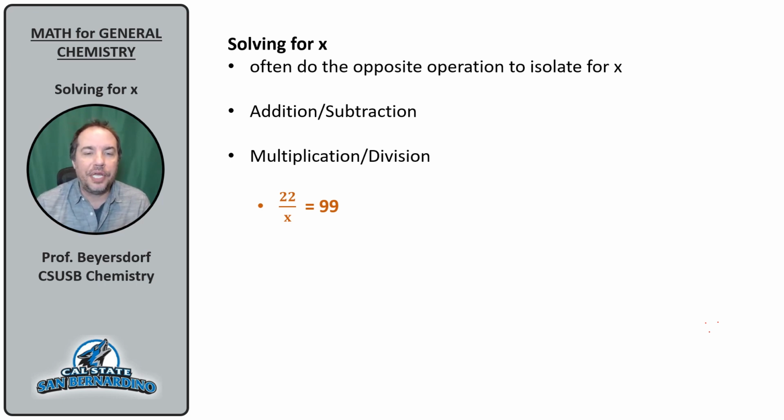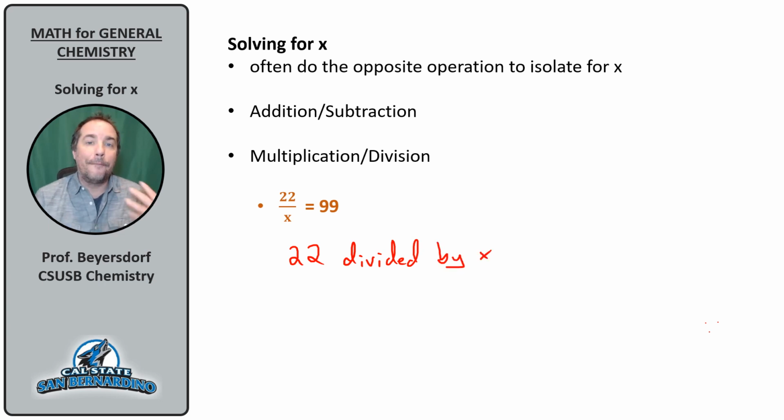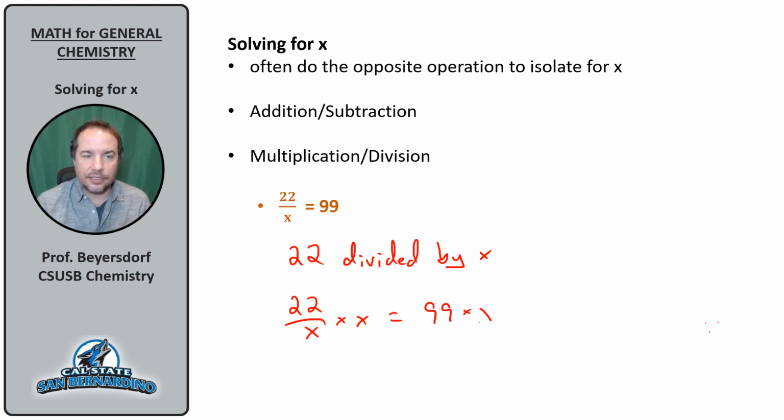So what I do here is, because this problem is 22 divided by x, well, I multiply by x. So I take 22 over x, I multiply this by x, and I take 99 times x. So I'm doing the same thing to both sides.